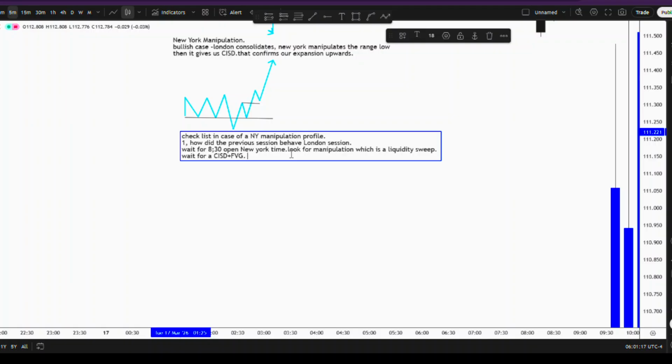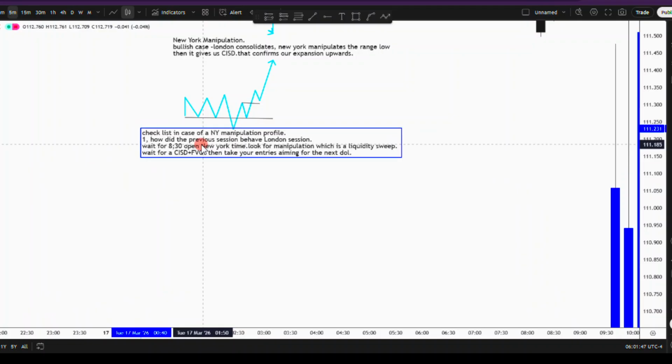This is on a lower time frame, for example 5 minutes or 15 minutes. Then take your entries, aiming for the next draw on liquidity, DOL. Yeah, so this is our checklist in this case.